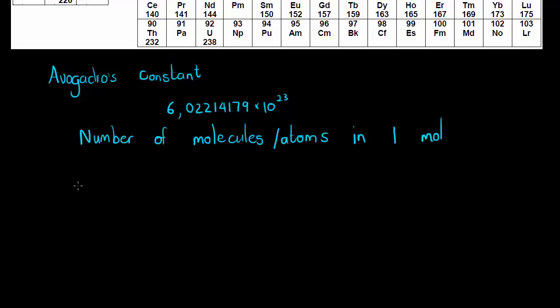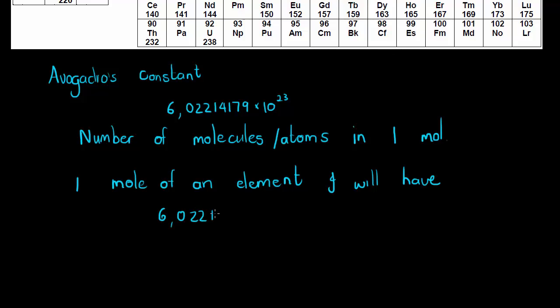So if I take 1 mole of an element, I will have 6.02214179 times 10 to the power of 23 atoms of that element.